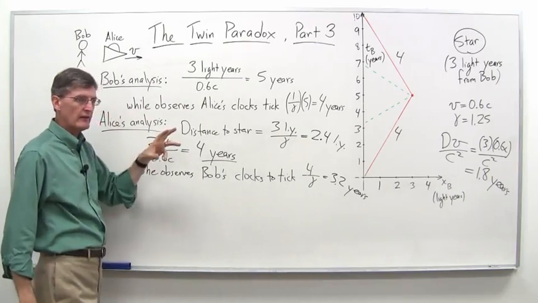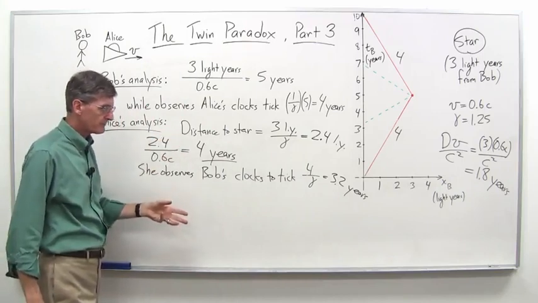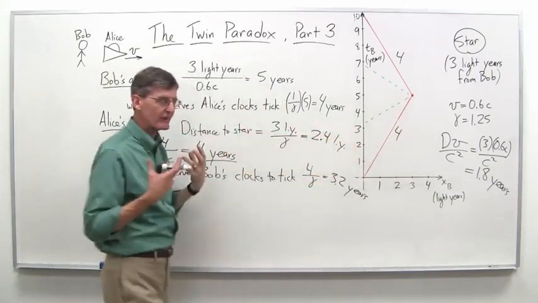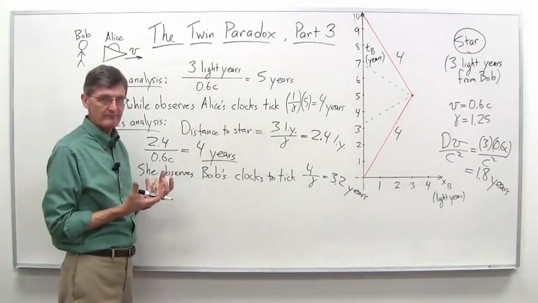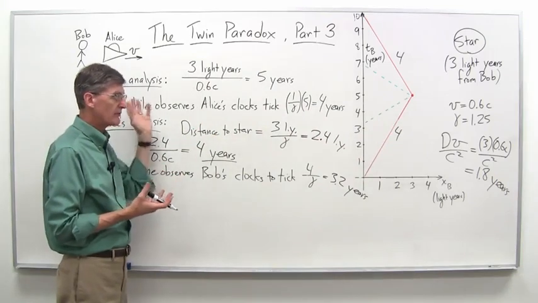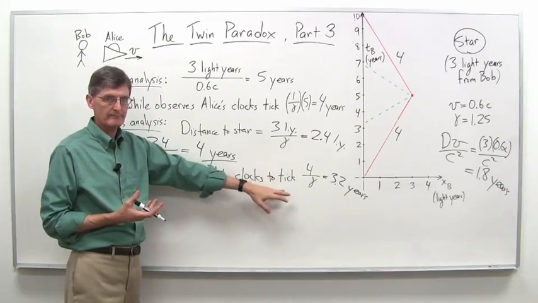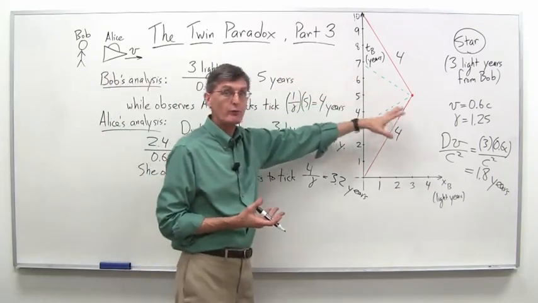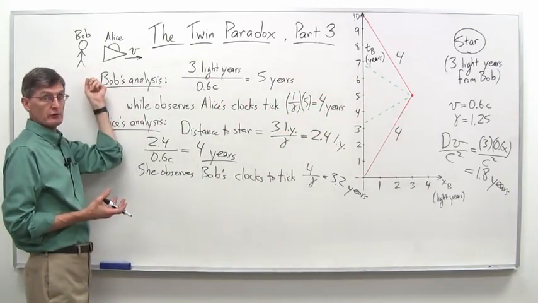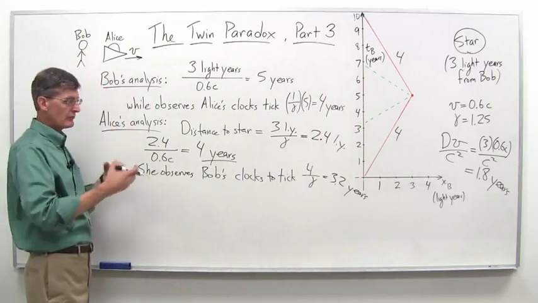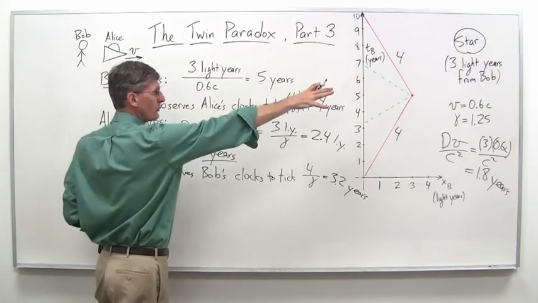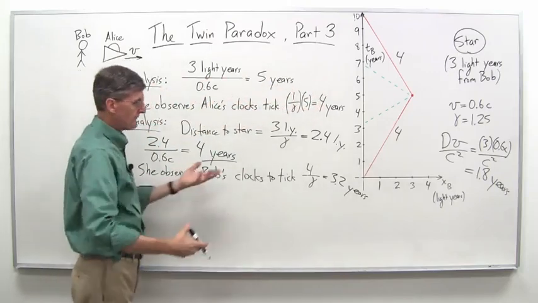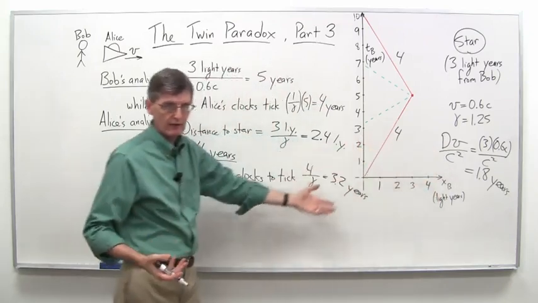Okay, so let's see what that does then. As the star gets to Alice, the star clock is now there. Alice sees Bob's clocks tick off 3.2 years, running slower than hers, but because the star clock started out 1.8 years ahead compared to Bob's clock here, Alice sees it start at 1.8 years, then as it's coming toward her, tick off another 3.2 years, and 3.2 plus 1.8 is 5 years.